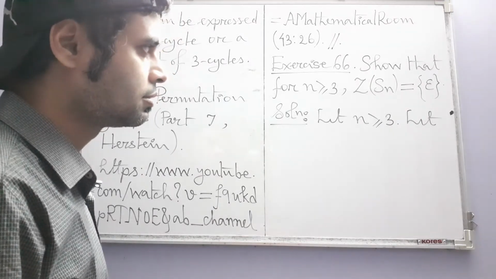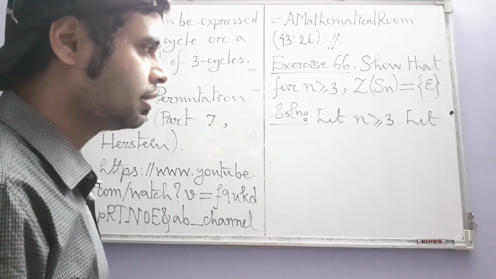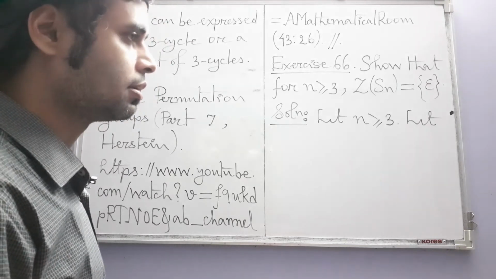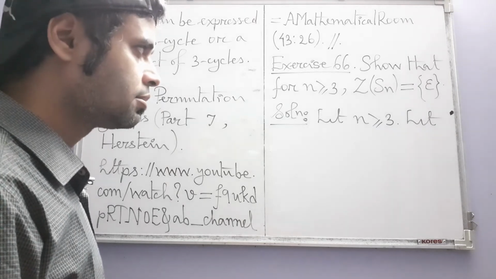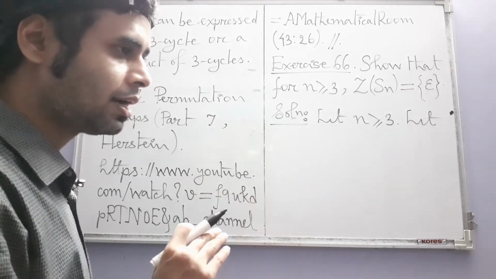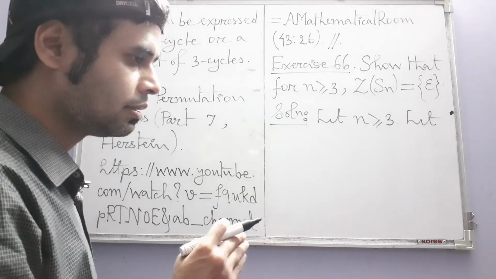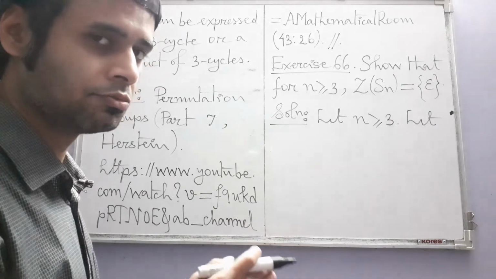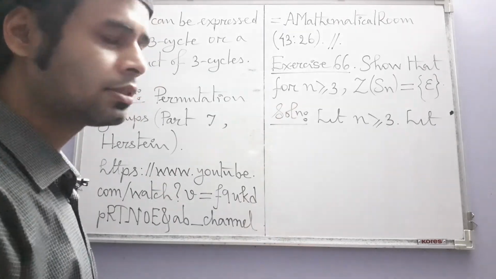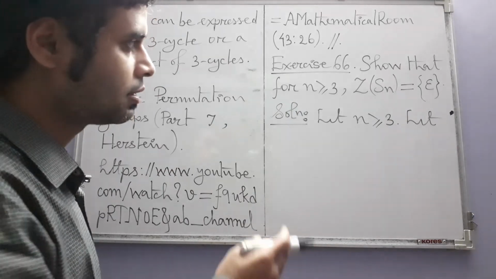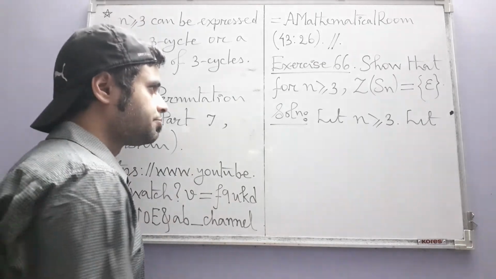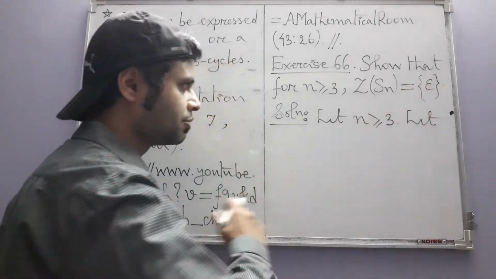In other words, no non-identity element in Sn can commute with all the elements of Sn. That means if we choose any non-identity element in Sn, we have to be able to show that there is some element in Sn with which it does not commute. So that will prevent it from being in the center of Sn, proving that the center only has the identity element. And of course, the identity element does commute with all the elements.